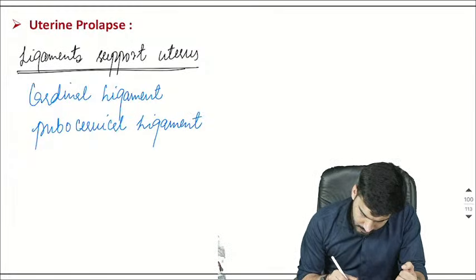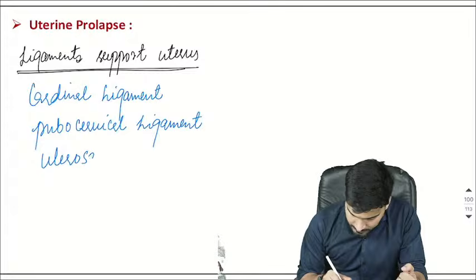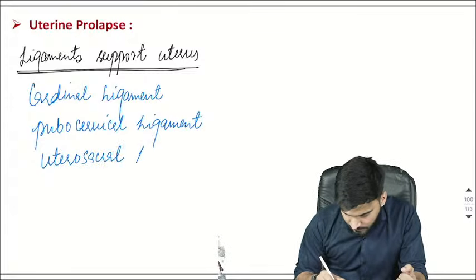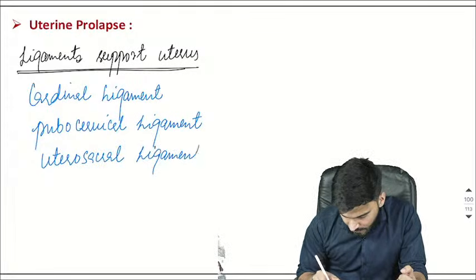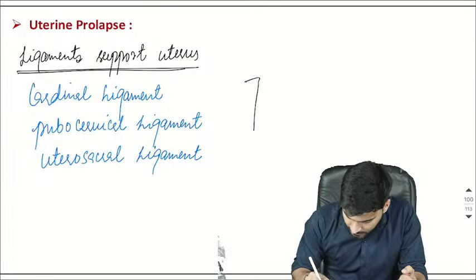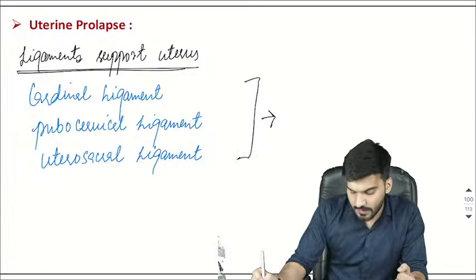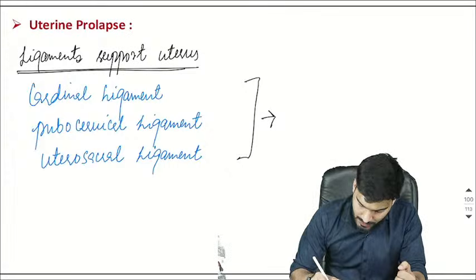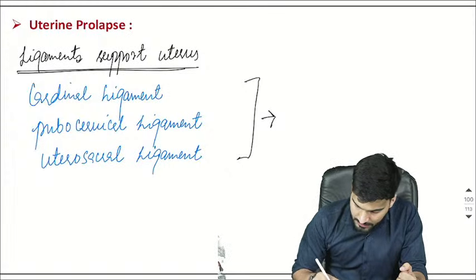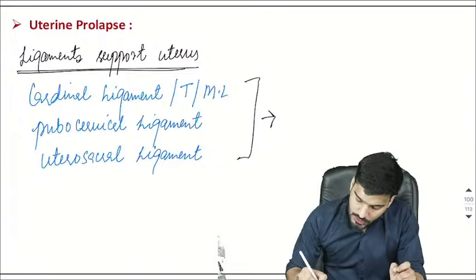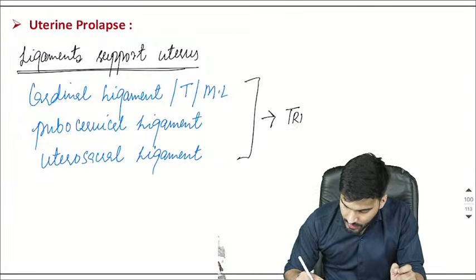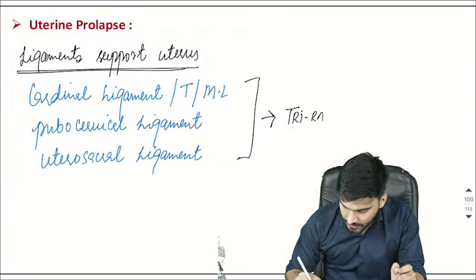And we have the uterosacral ligament. All together, this cardinal ligament is also called the transverse ligament. I will write T, and all three together are called the triradiate ligament.